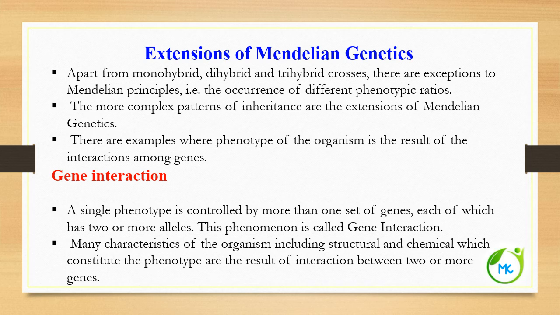So there are examples where the phenotype of the organism is the result of interaction among the genes. So this will be studied under gene interaction. Usually a single phenotype is controlled by more than one set of genes, each of which has two or more alleles.